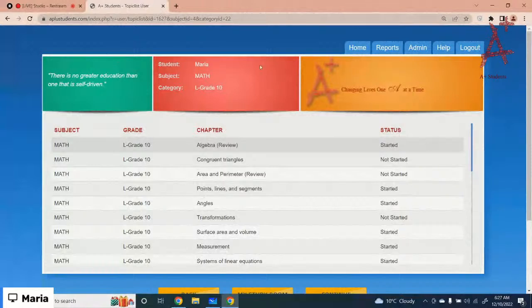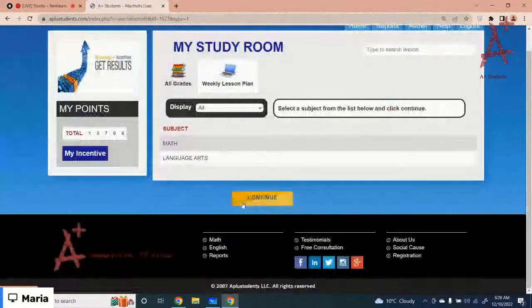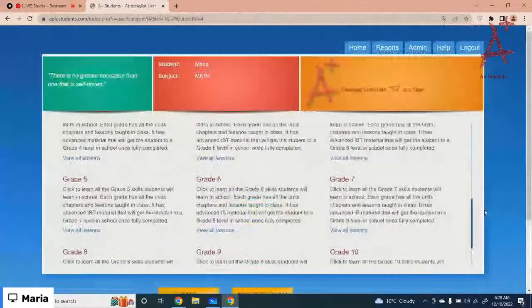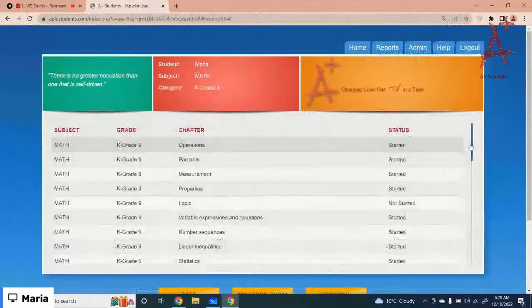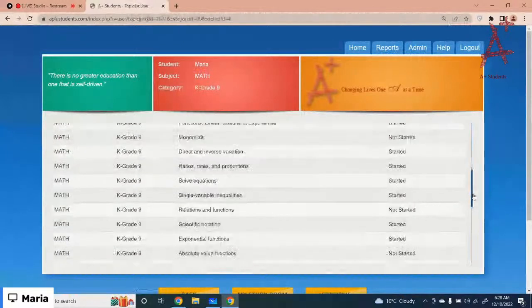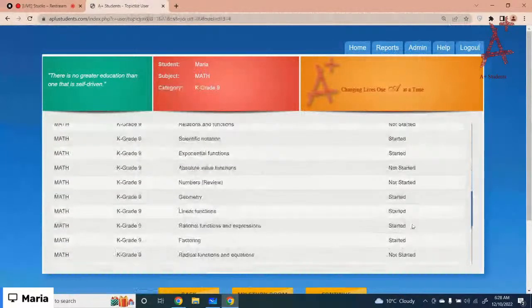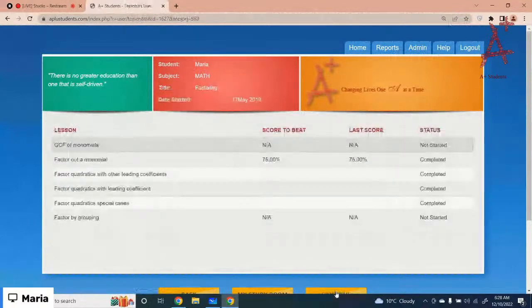Okay, we have to cover the chapter factoring from grade 9 maths. Got it? Let me just go to grade 9 maths, and we have to do the chapter from grade 9 maths. Here is the chapter factoring.